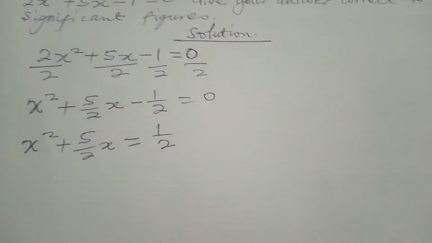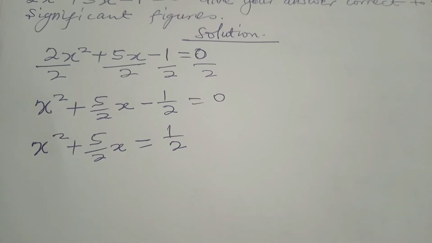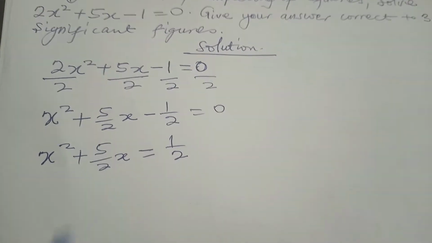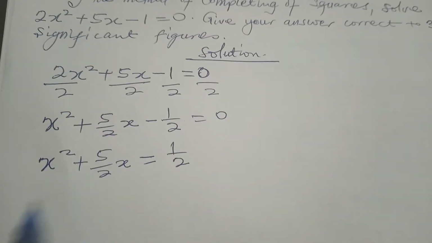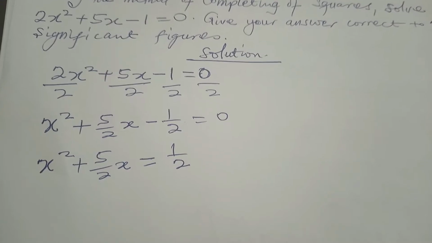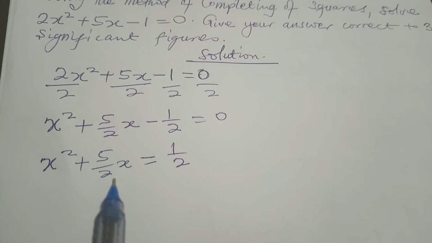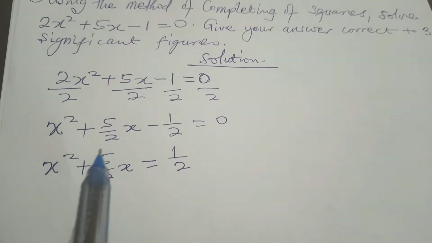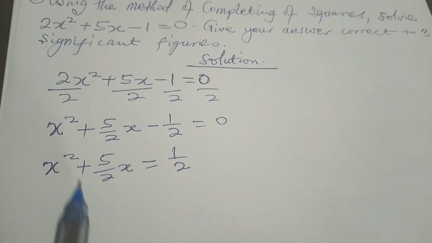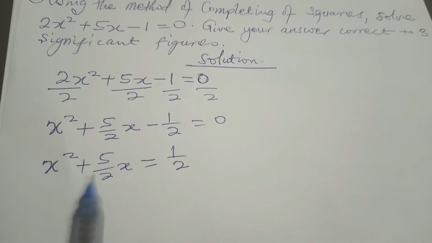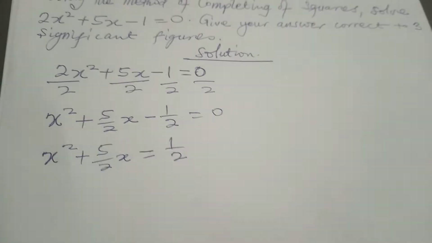Then the essence of using the completing the square method is to make this left hand side a perfect square. To make this a perfect square, we just have to add the square of half of the coefficient of x to this side, and that will make the left hand side a perfect square.